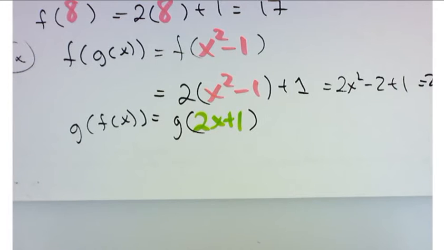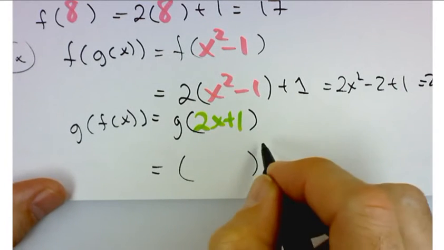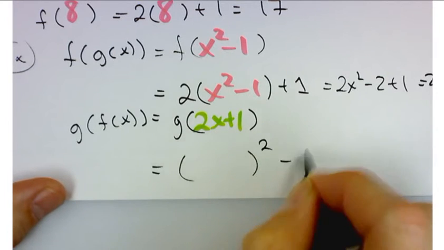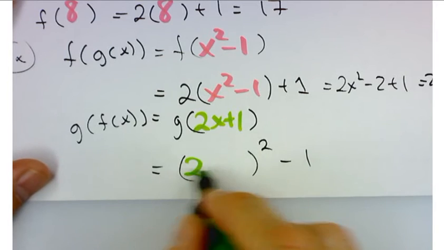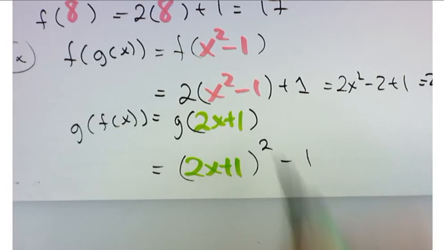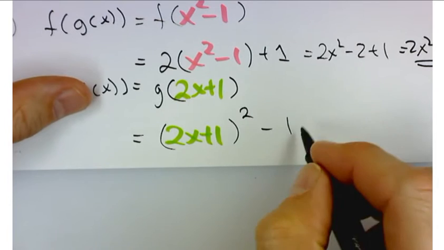Now let's go to the rule for g. The rule for g says take x, square it, and then subtract 1. So that means take 2x plus 1, square it, and then subtract 1. Now I'm kind of running out of room on my paper here, so let's just square this one out in our heads.